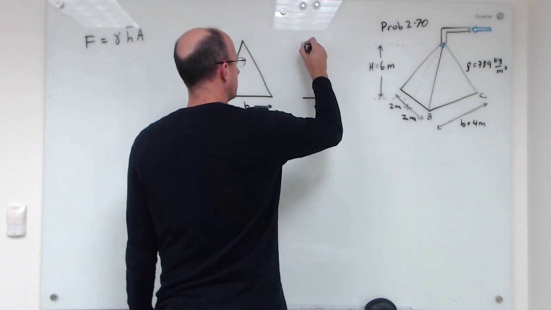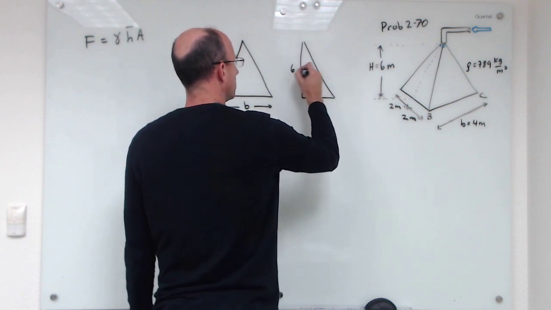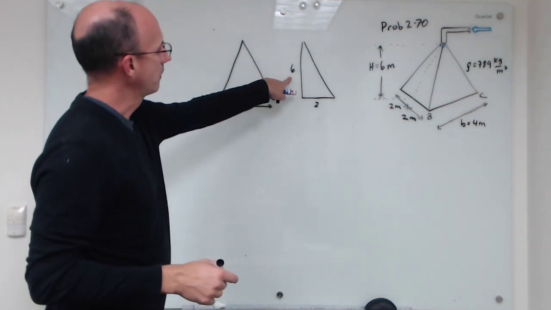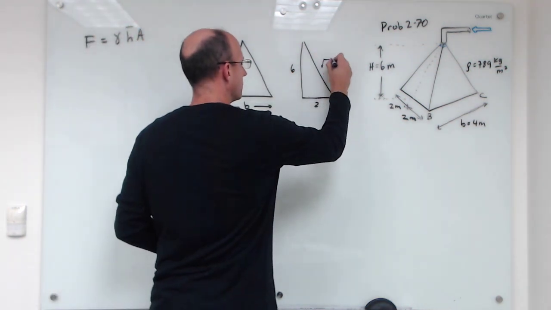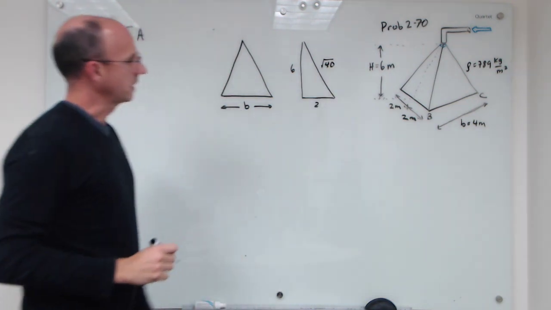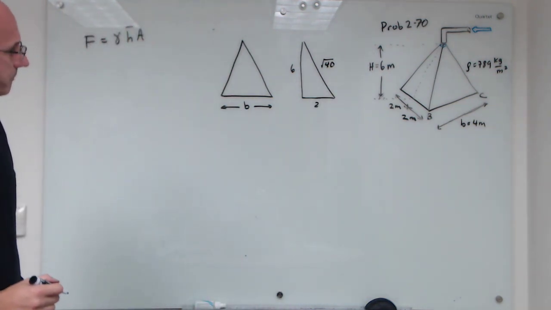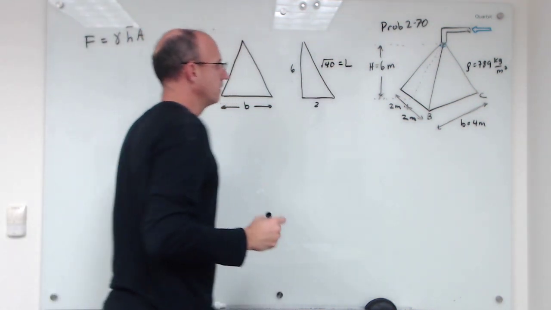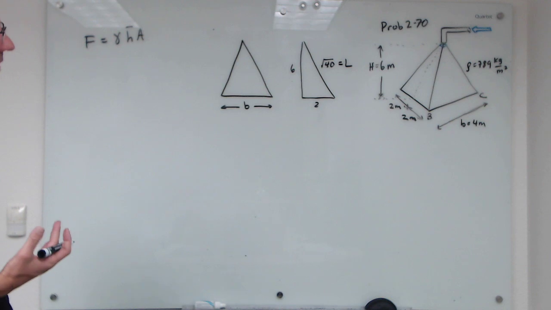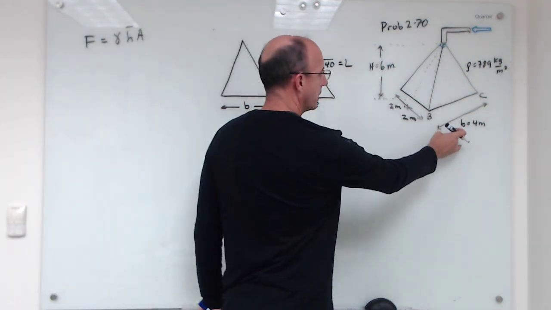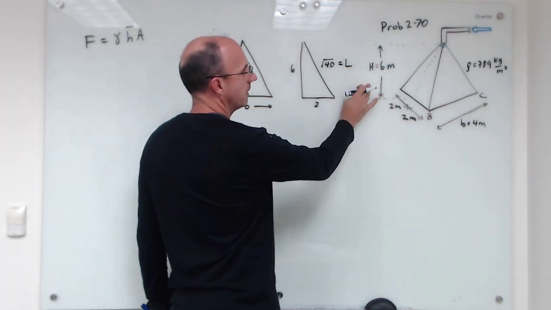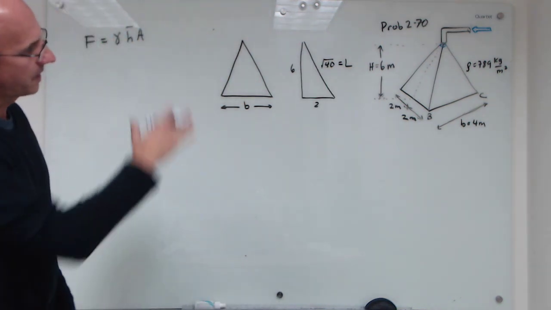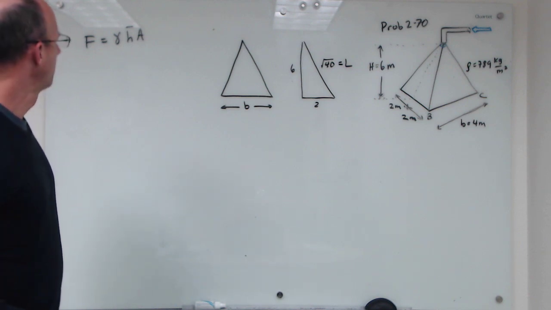This is equal to 6 meters, and so this would be equal to the square root of 36 plus 4, or 40. So this length here is going to be the square root of 40. Why don't we call that length L, since we haven't used L for any other variable. So we've got the bottom width B, the height of this pyramid H, and the length along the side of the pyramid given by L.